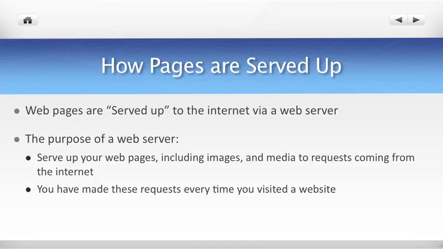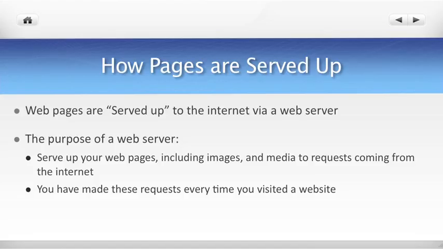That machine is called a server, and a particular type is called a web server. The web server serves up content based on requests from the internet. Those requests come from multiple sources, but the example that we're most familiar with are people visiting websites, clicking on links, browsing to pages, looking at content.